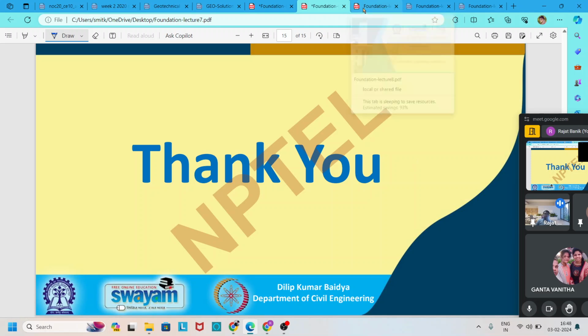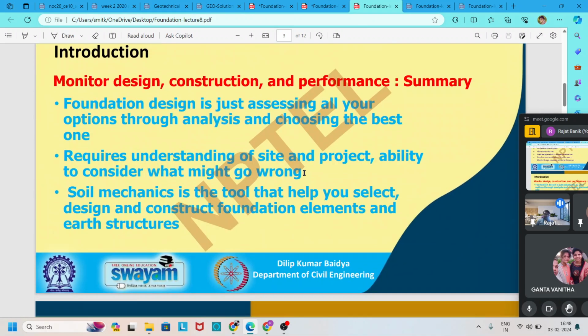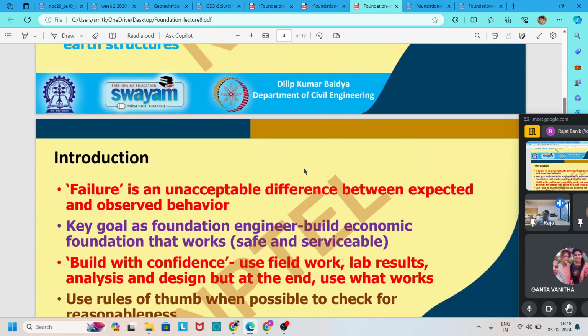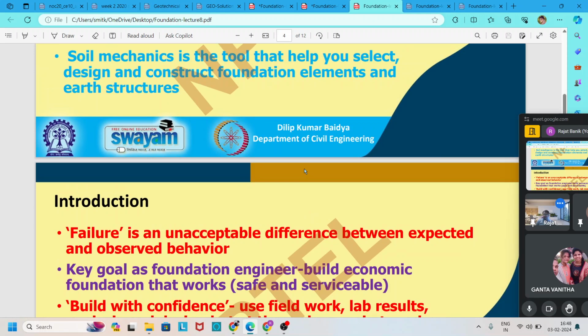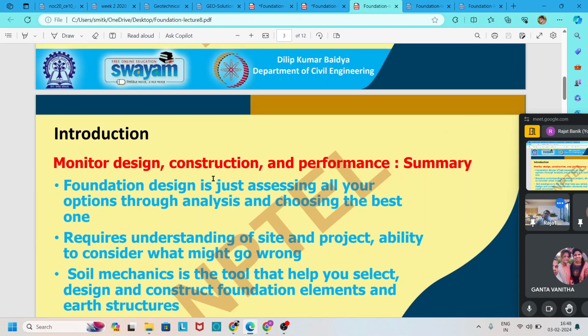Now we move to lecture 8. In lecture 8, it is discussed about the monitoring of design, construction and performance.